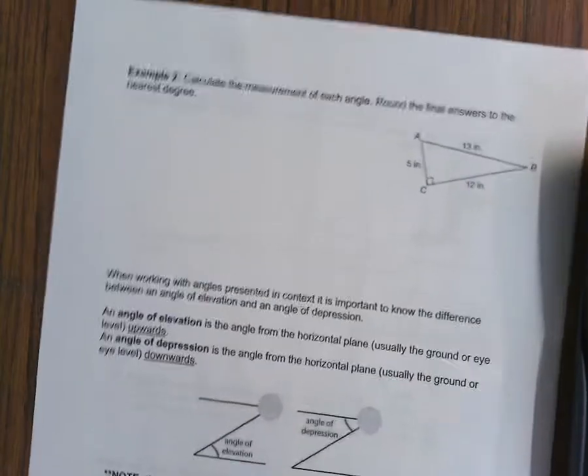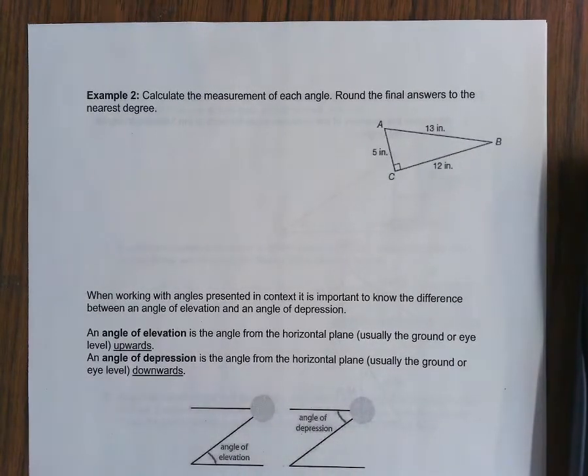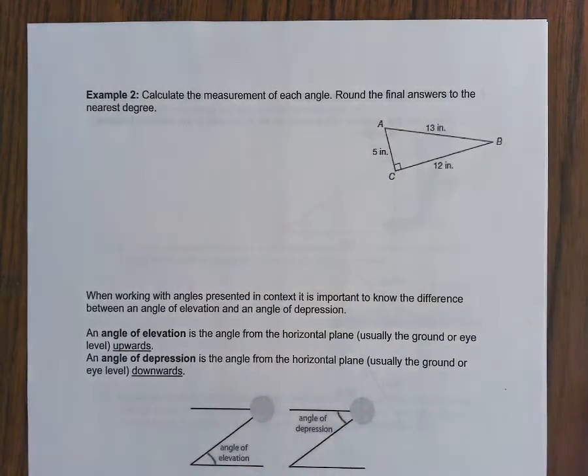One more example here, and in this triangle it's asking you to find the measurement of each angle and to round all of your answers to the nearest degree. So first you would want to start with one of your angles.